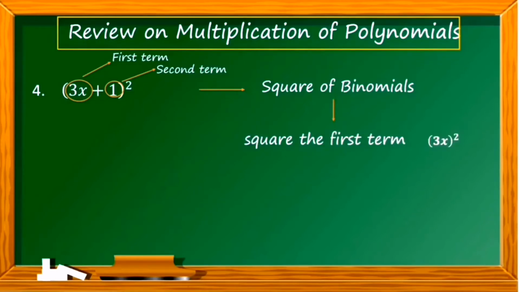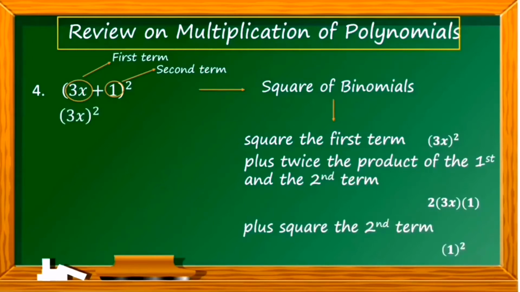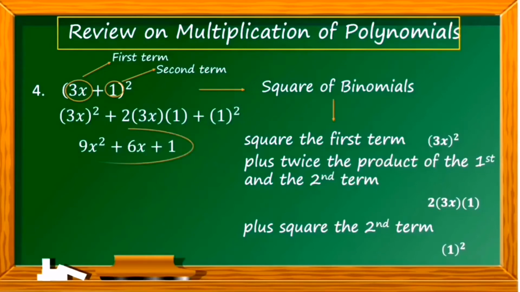Square the first term, that is the quantity 3x squared, plus twice the product of the first and the second term, and that is 2 times 3x times 1, plus the square of the second term, and that is 1 squared. To simplify, that is 9x squared plus 6x plus 1.